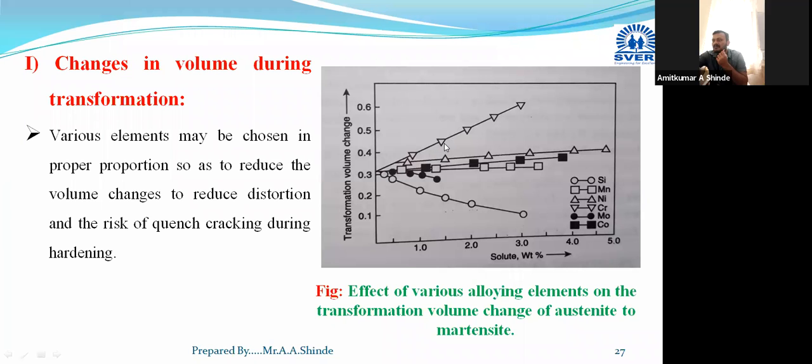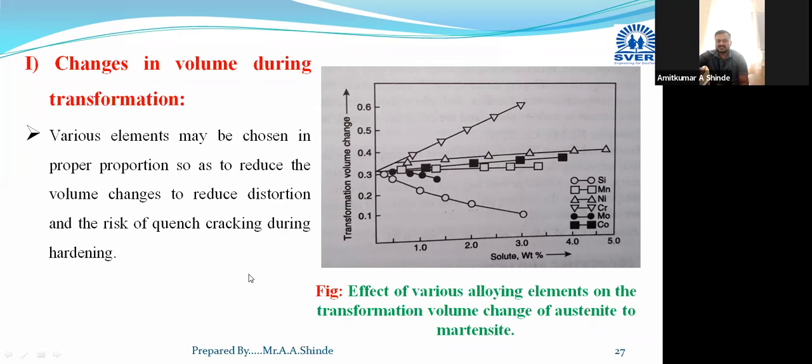When the percentage of chromium is more and more, volume changes are more, meaning distortion and cracking will be more. So you have to control its quantity by considering the volume changes.